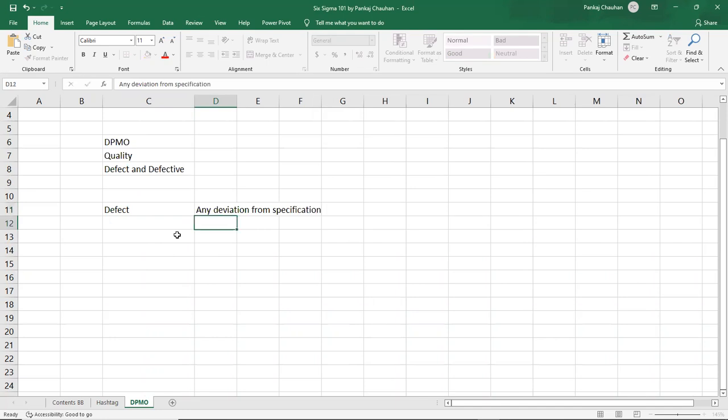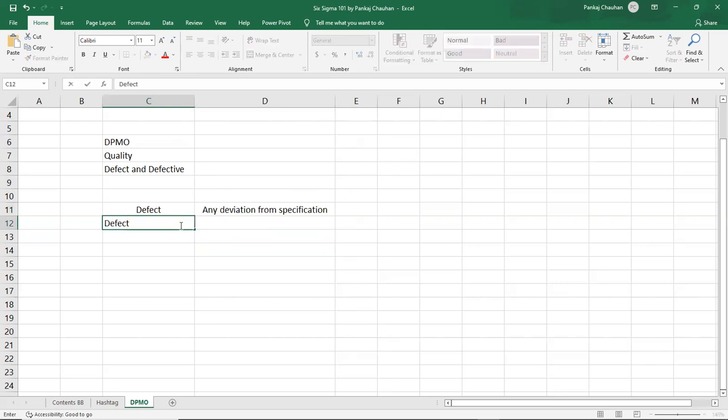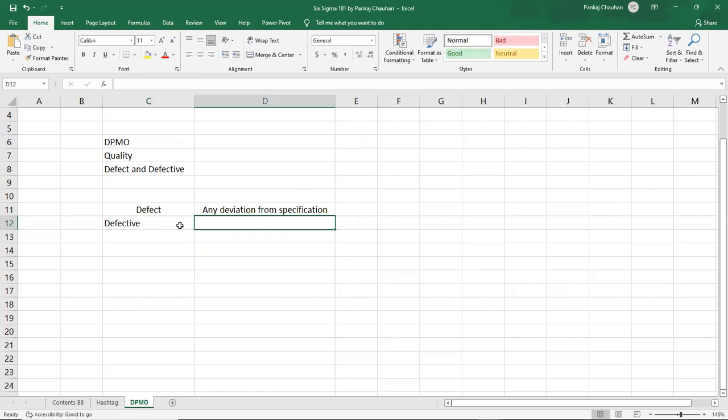In case you have defined a value as a specification, and your output is not matching the specification, that is a deviation from the specification, and this is called a defect. Because of that defect, if your product is not fit for use, then it becomes defective.